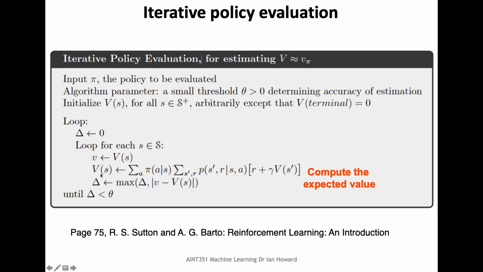So the value function V(s) for state s is given by the sum across all actions of the policy multiplied by the sum across all future states and rewards of the joint transition function with future state and reward, multiplied by the total reward, which corresponds to the immediate reward, and here's the discounted future gain as well.